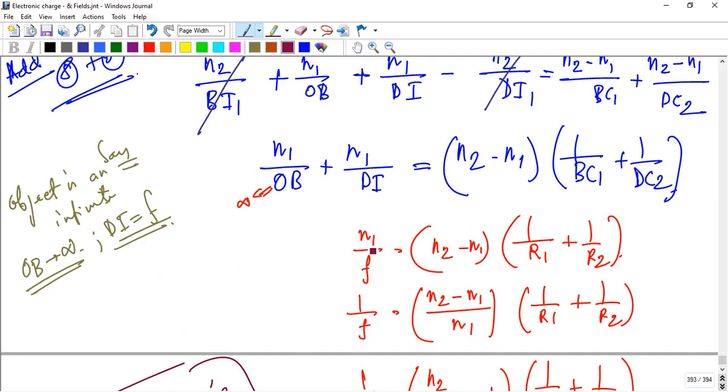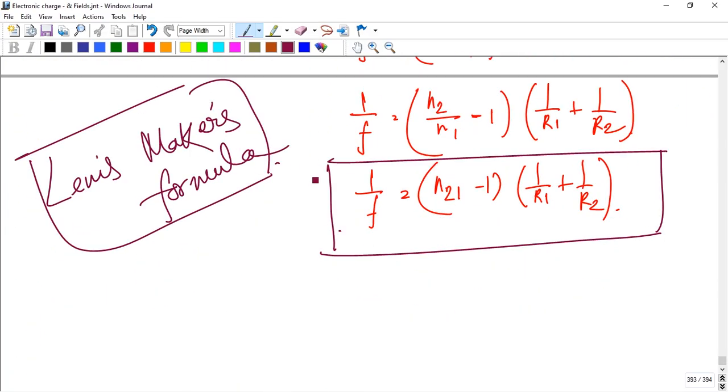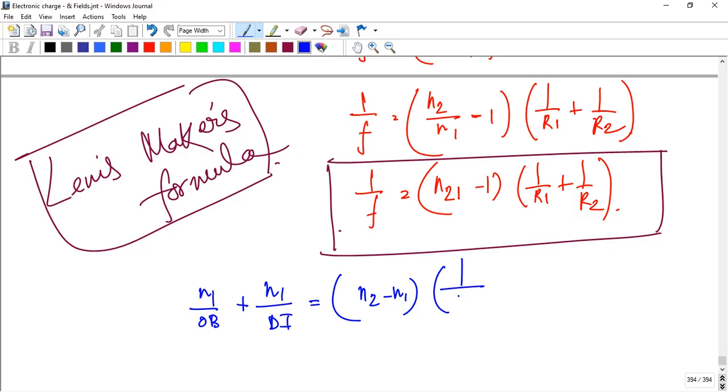And in this equation, N1 by OB, if the object is not at infinity, from the derivation of the lens maker formula I chose a condition applied here, but without the condition, it is N1 by OB plus N1 by DI equals N2 minus N1 times 1 by R1 plus 1 by R2.